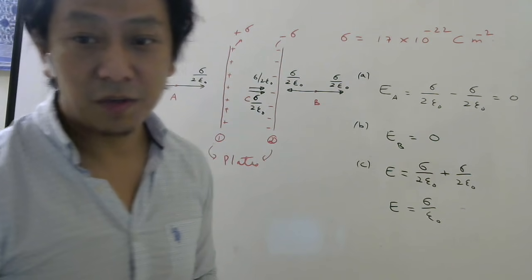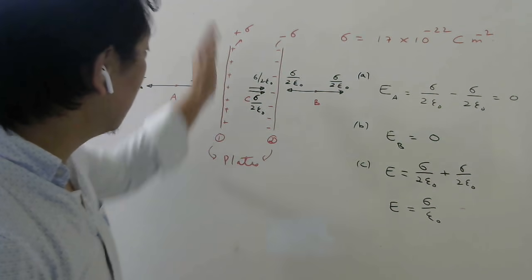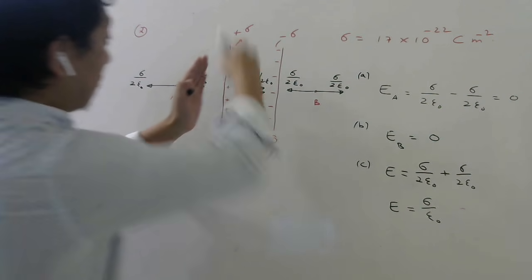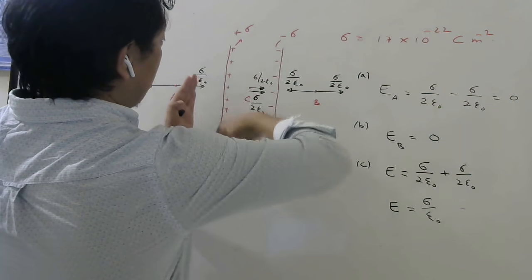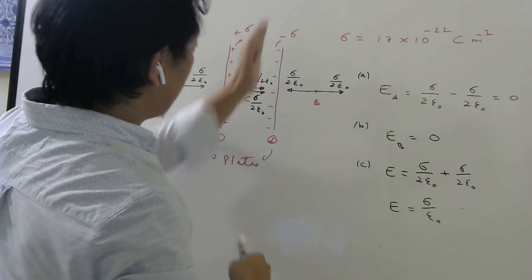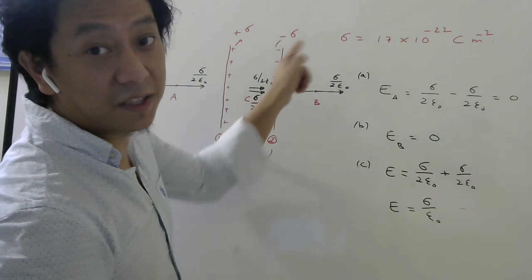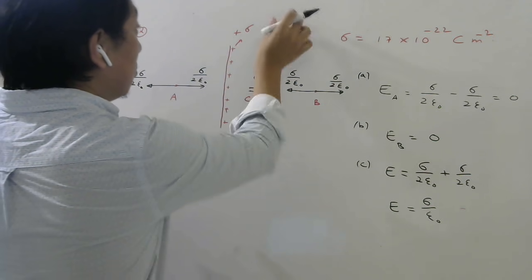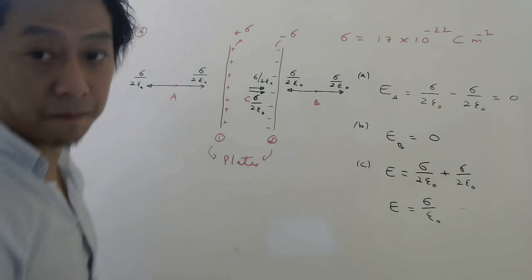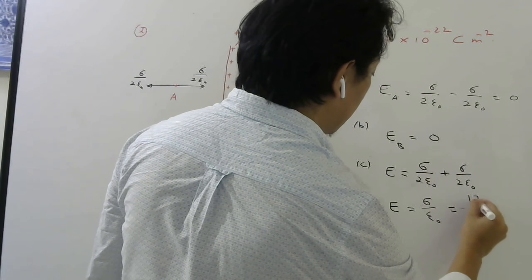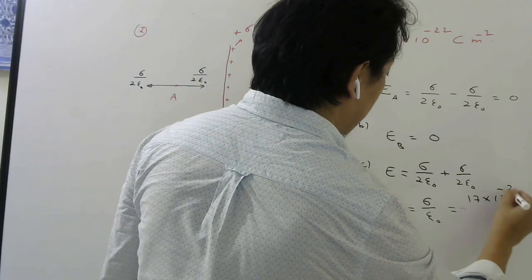So this is the formula for the electric field between two plates of charge when the inner surfaces have surface charge density plus sigma and the other inner surface has surface charge density minus sigma. Magnitude is the same for both of them according to the question. So sigma was given as 17 into 10 power minus 22.